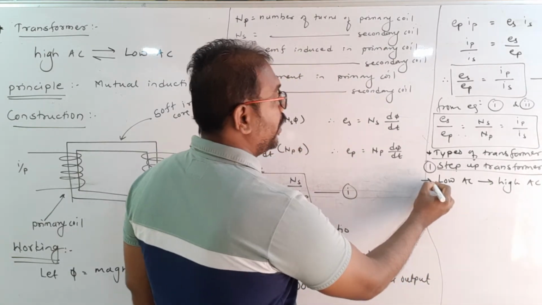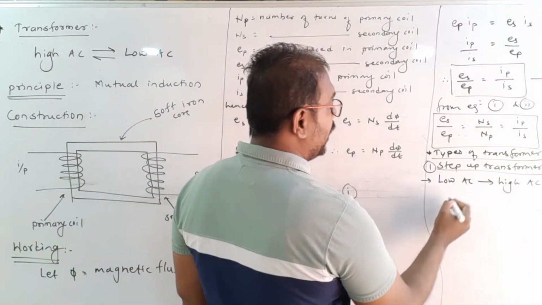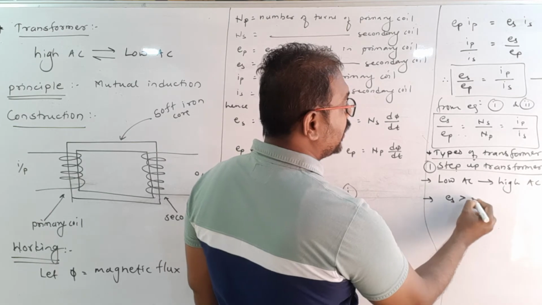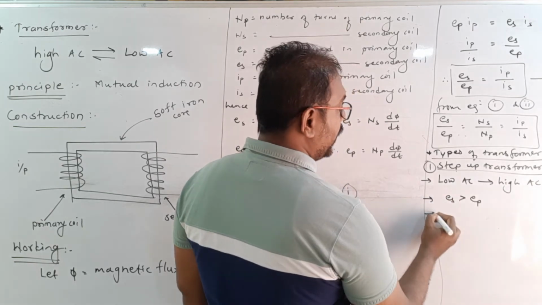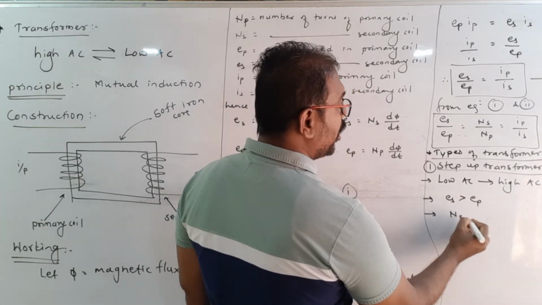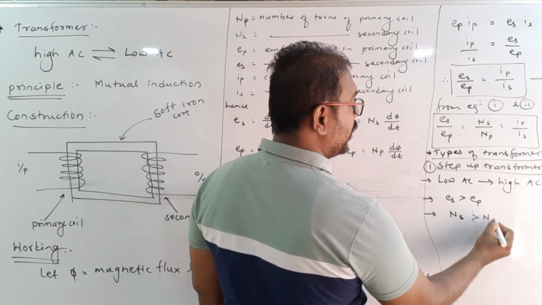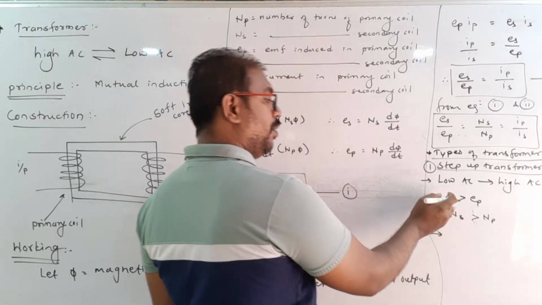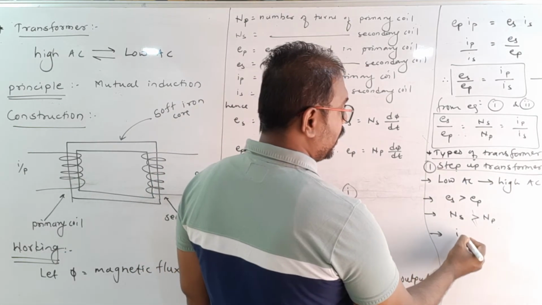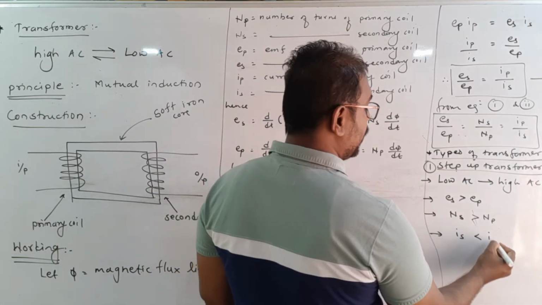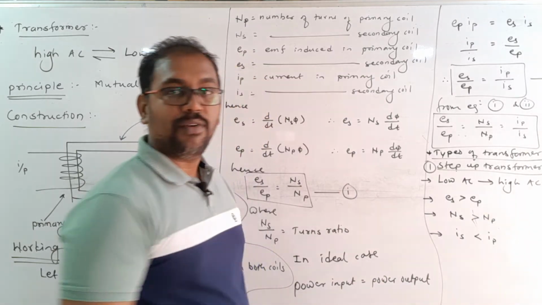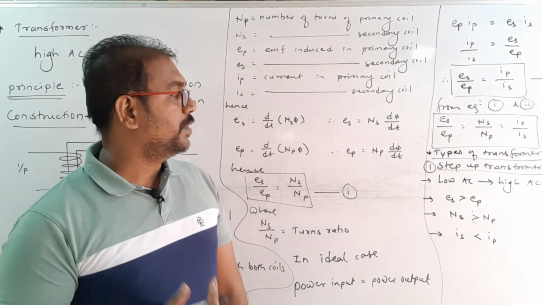If output is high, it means that ES is greater than EP. Then the number of turns of the secondary is greater than the number of turns of the primary. It means the secondary voltage is greater, so the current is less for the secondary. So you can remember that for the step up transformer.